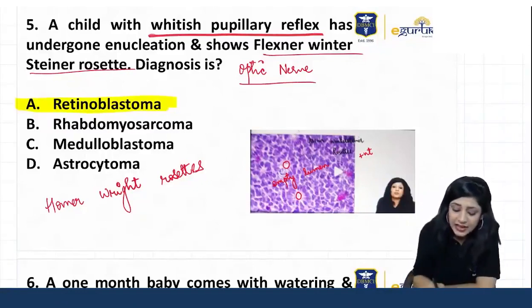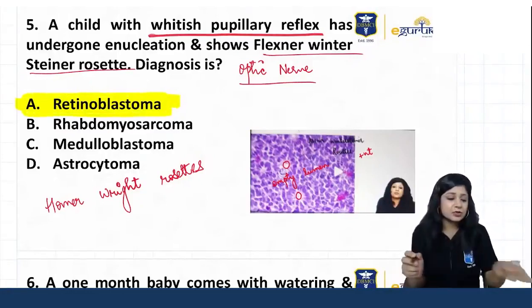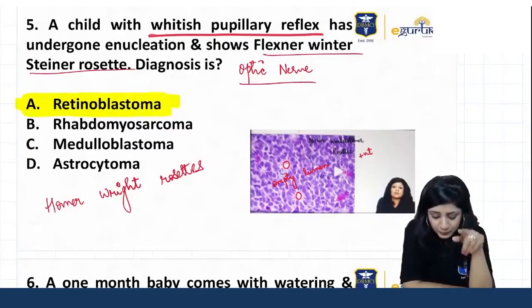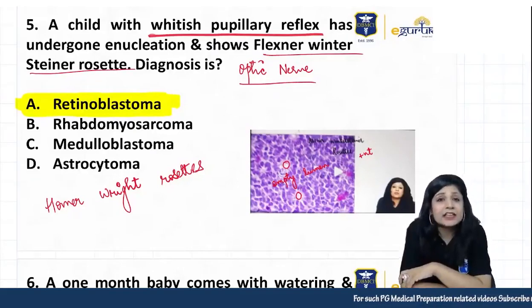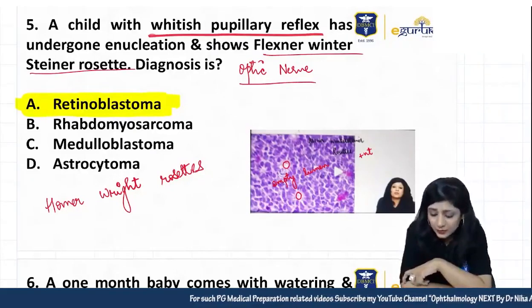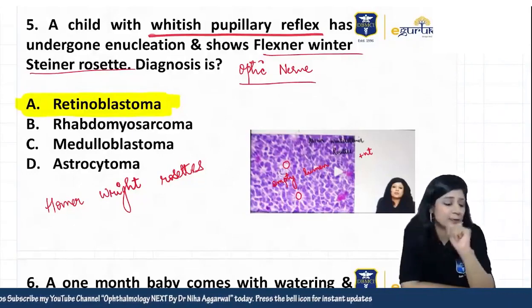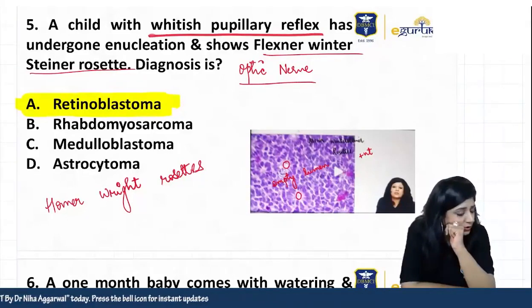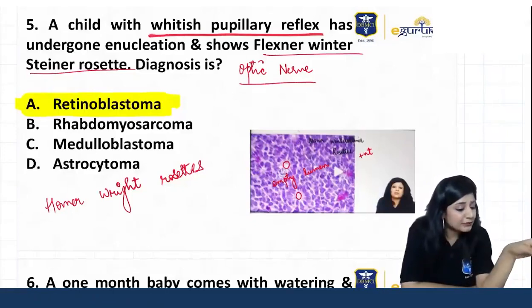But check the language of the question for any discrepancy, and check whether these are the most probable options: retinoblastoma, rhabdomyosarcoma, medulloblastoma, and astrocytoma. Are these options okay? Besides Homer Wright rosettes, we have pseudorosettes. We also have fleurettes.